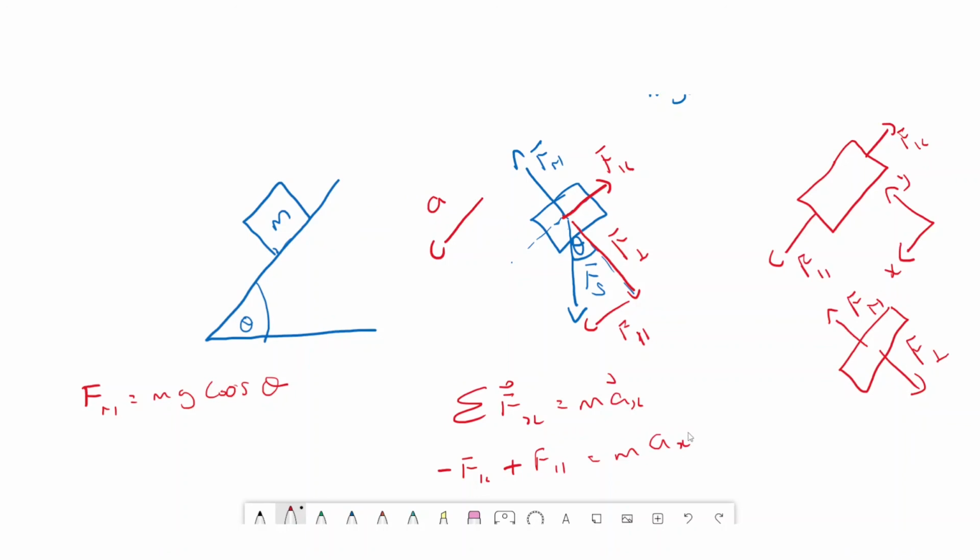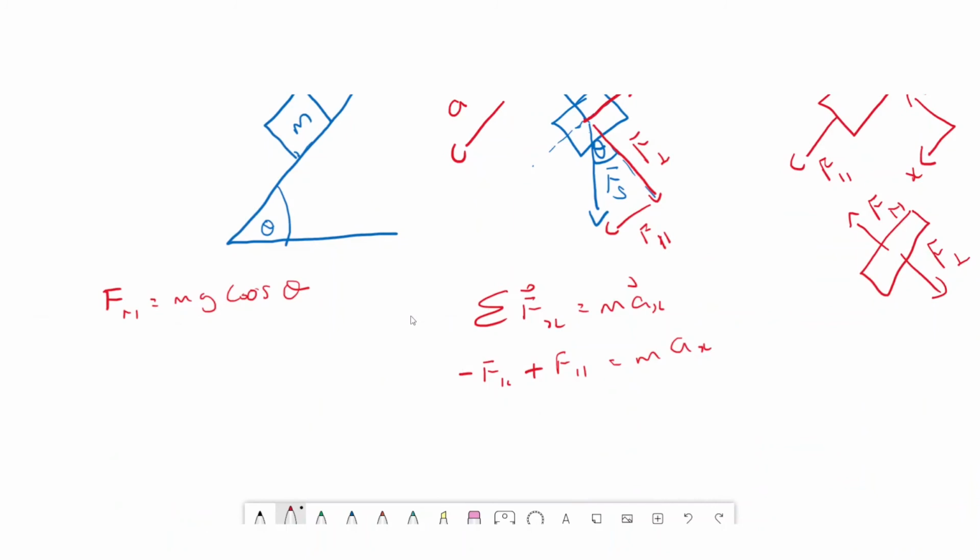You can call it ax, you can call it a. In the next step, I'm going to call it a, because remember I said that if ay is 0 and ax is something, then the total acceleration is going to be ax. So this is going to be minus Fk plus F parallel equals ma.